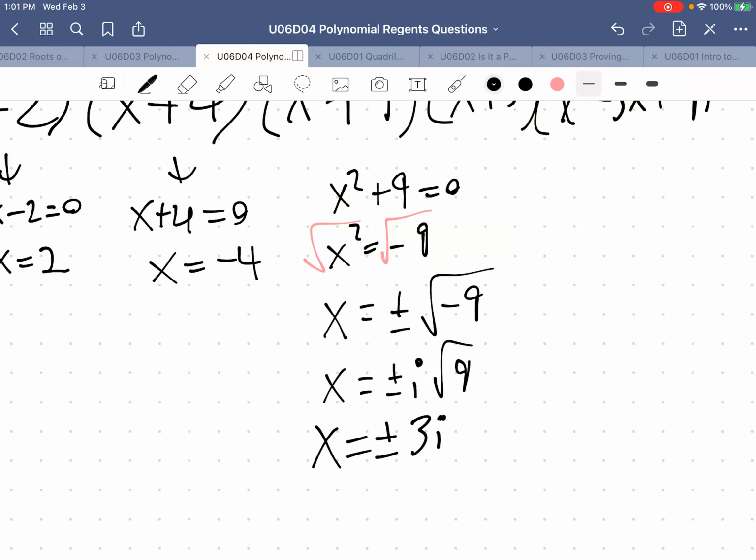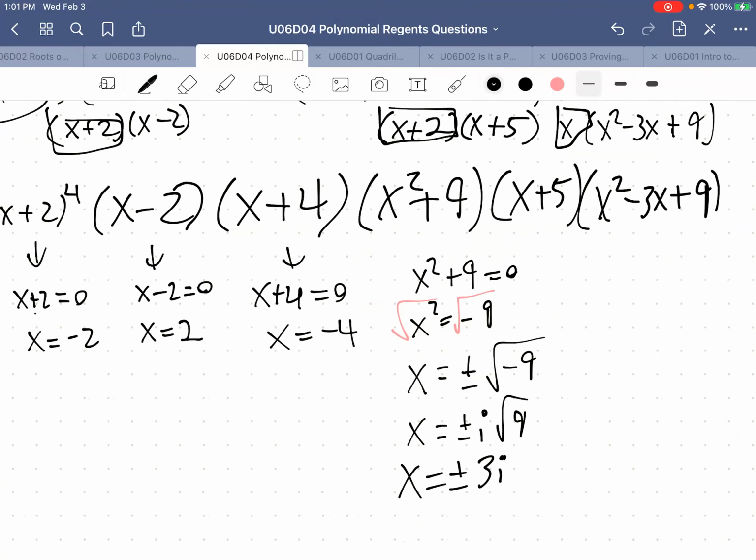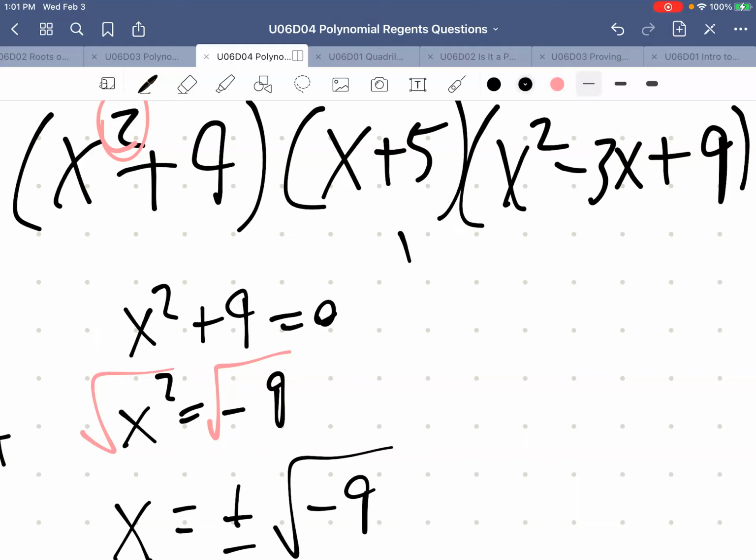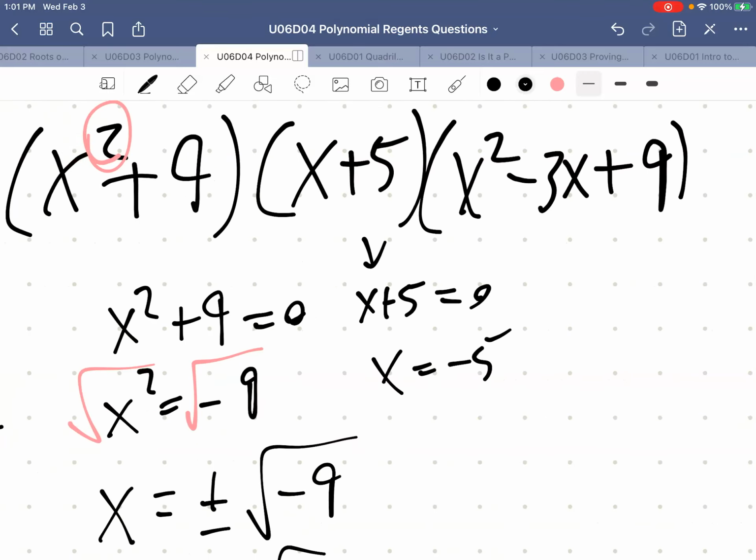So at the very least, we have 2 imaginary roots at this point, which makes sense because this is a factor with a degree of 2, therefore it should have 2 solutions. The factor of x plus 5 will be equal to 0 when x is equal to negative 5.